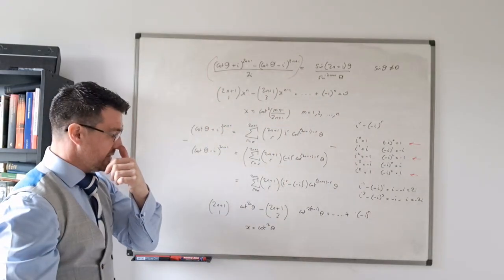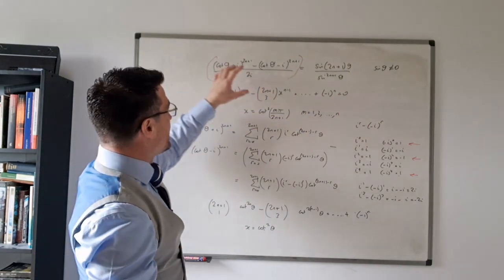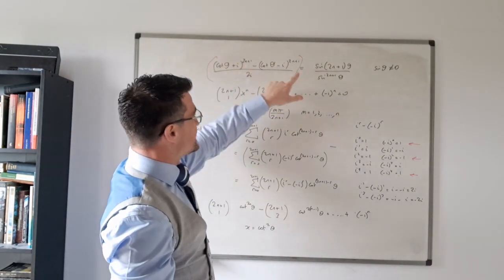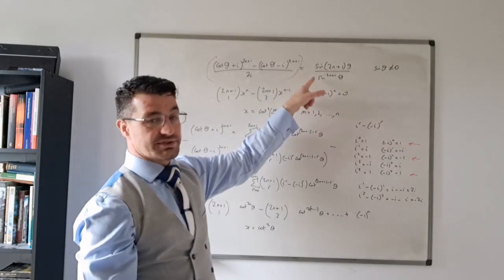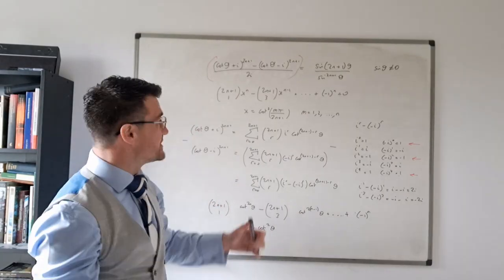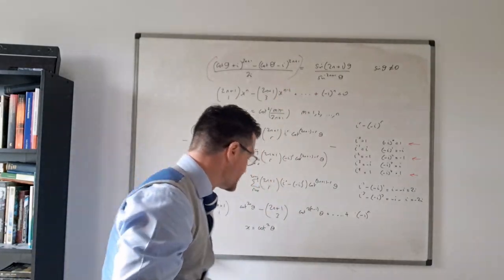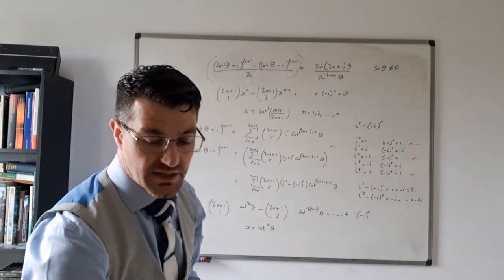So if this equation is equal to 0, then this must be equal to 0 also. Okay, so let's have a look then what happens when we set this equal to 0.